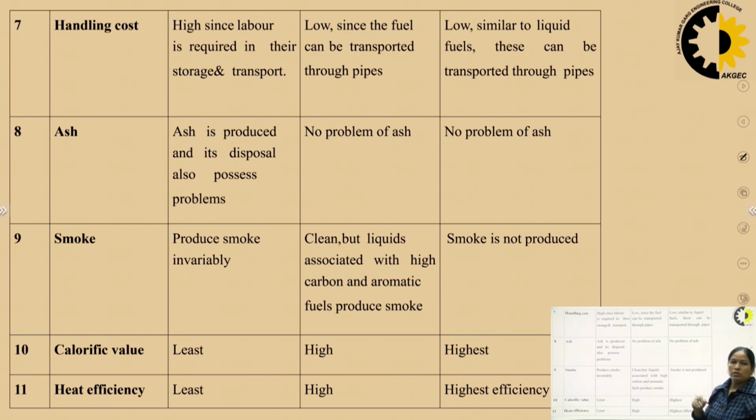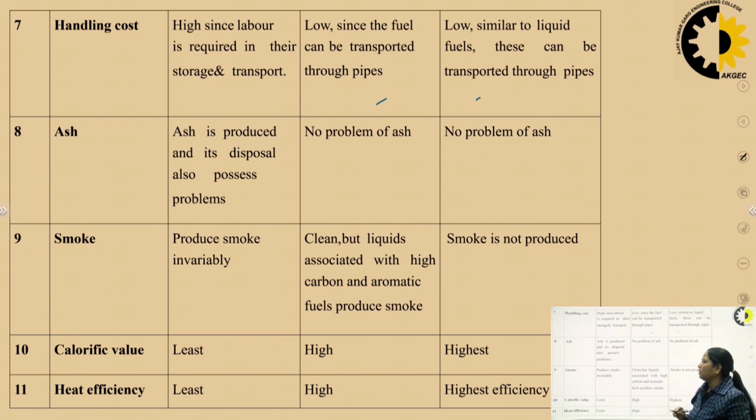Similarly, gases can be passed through pipelines, and once the system is installed for liquid and gaseous fuel, the cost of transportation is low, or we can say negligible. But at the time of installation, the fuel takes some handling cost, or we can say installation cost.